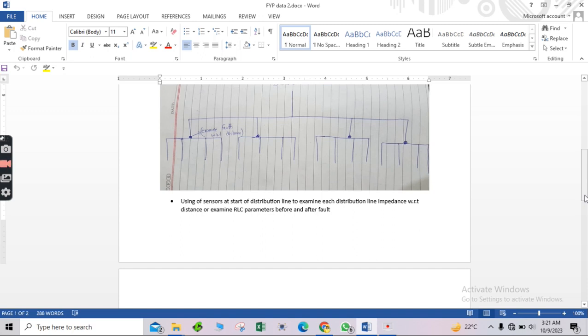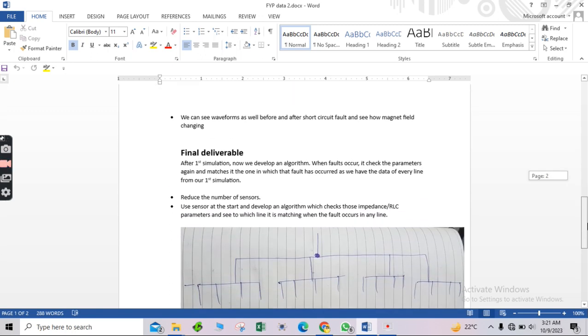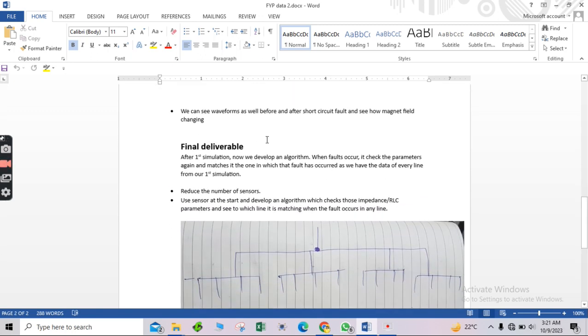When a short circuit occurs, the current increases suddenly, and the parameters will change. In this way we will detect the short circuit. We will use these sensors and analyze the data, and we can see the waveforms before and after the short circuit fault and see how the magnetic field is changing. A change in current produces a magnetic field, which is a physics law.